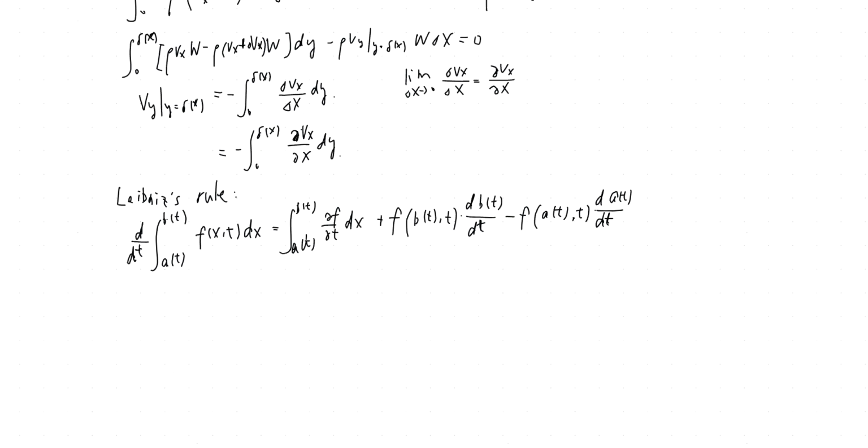You will get Vy at delta y is equal to minus d/dx of the integral from 0 to delta x of dx dy, plus capital V times d delta x.